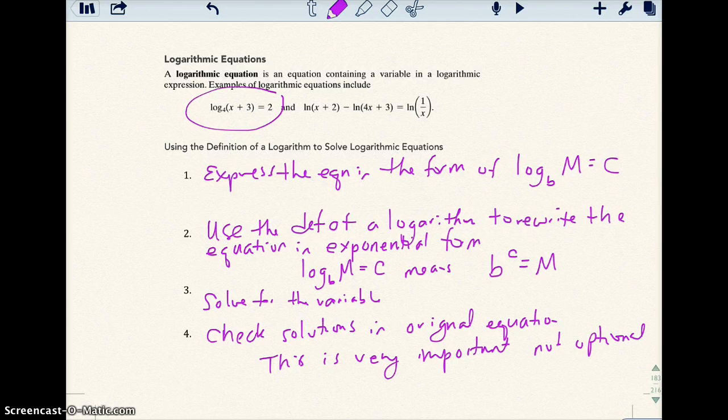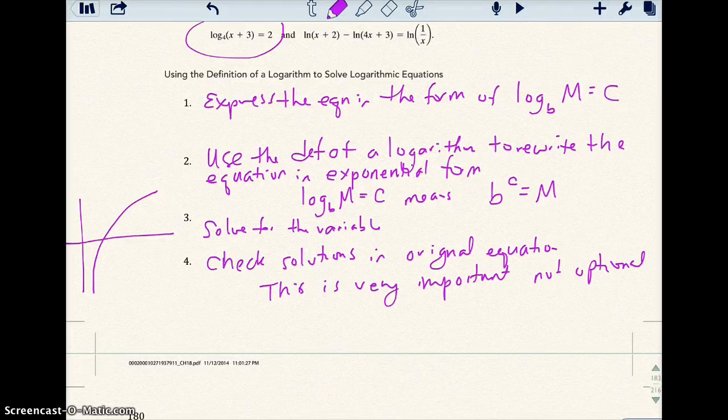You have to go back to when we graphed logarithms, and here's the sketch. Remember we graphed logarithms before, and there's an example of a logarithm. Remember we said that the domain of a logarithm was from 0 to infinity. So we've got to be real careful when solving logarithms. The x value has to be between 0 and infinity. It can't be 0, and it can't be negative.